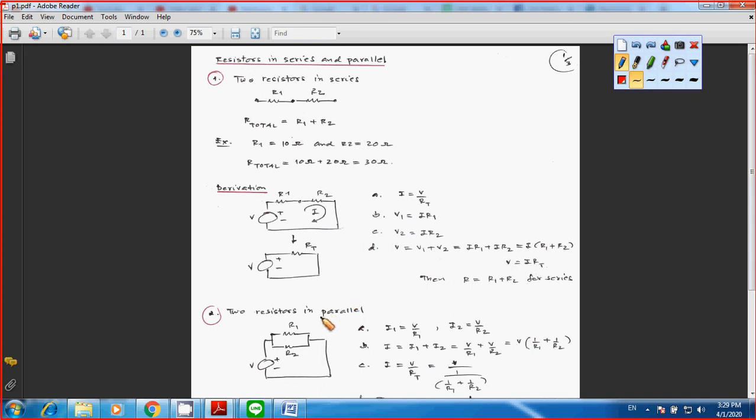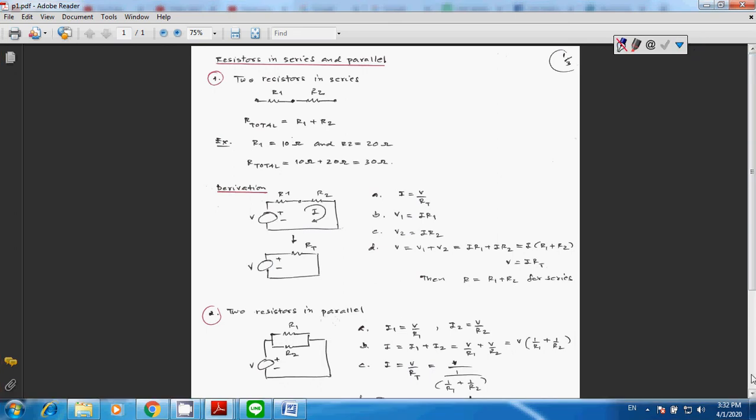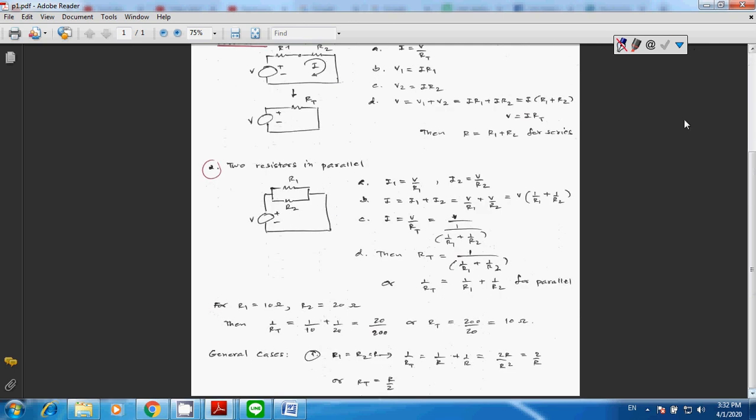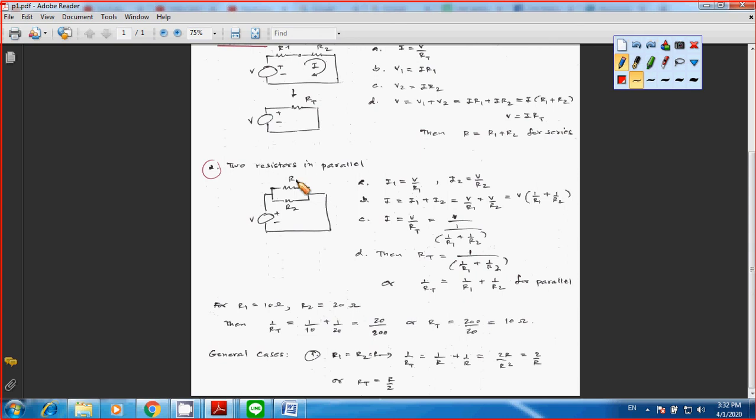Now take a look at two resistors in parallel. You will do pretty much the same thing. From the circuit diagram, you have R1 and R2 connected in parallel.